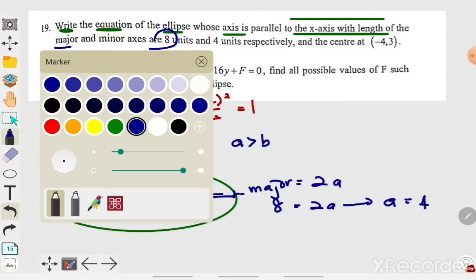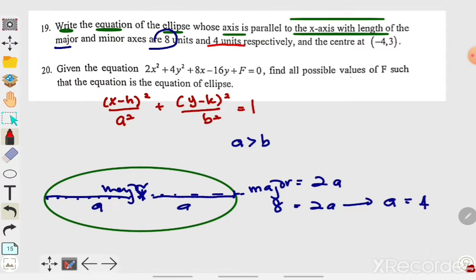Now we have given that this equals 4 units for the minor, respectively. So that means this is positive to the center, and we know that this must be the minor. The minor is parallel to the y-axis. So this is the y, so that means it's b and b.